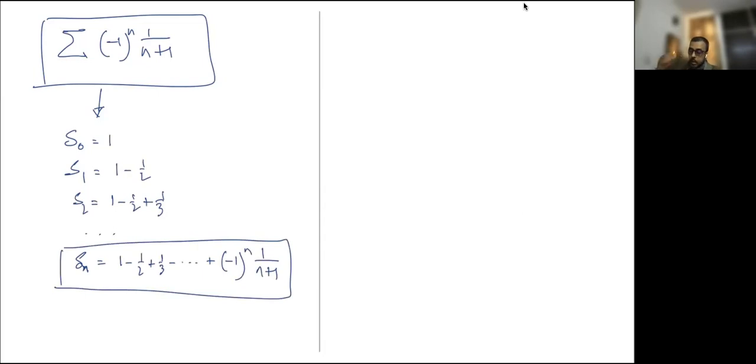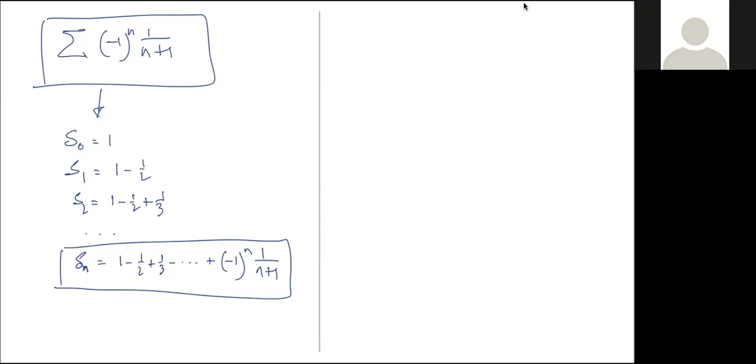So in this case, can we say anything about the behavior of this series? So can we separate the sum into two different sums?